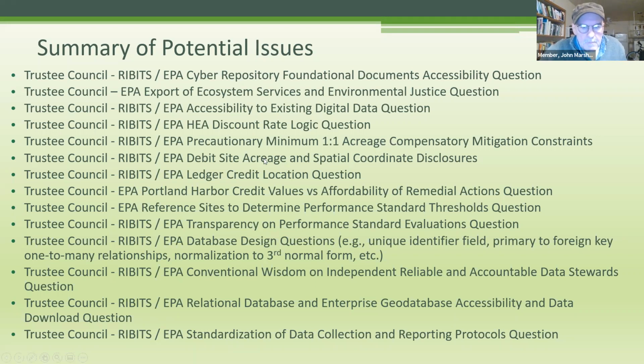I would like to have the spatial data disclosed so that we can find out where these debits and acreages are being debited against our accounts. Just like when you go to your account, you want to know where that $25 came out of your checking account, what that was used on, and where it was. You want the same thing for our credits and debits.